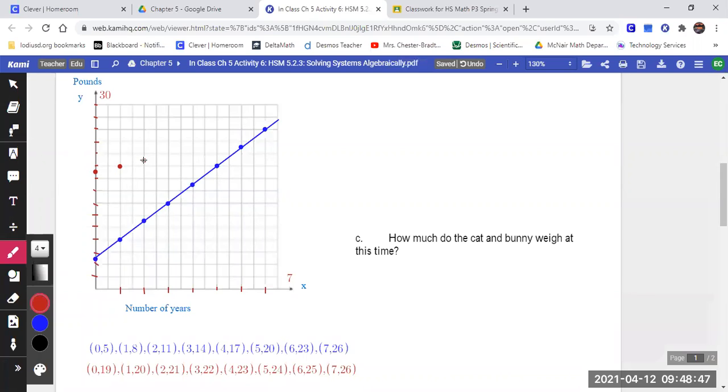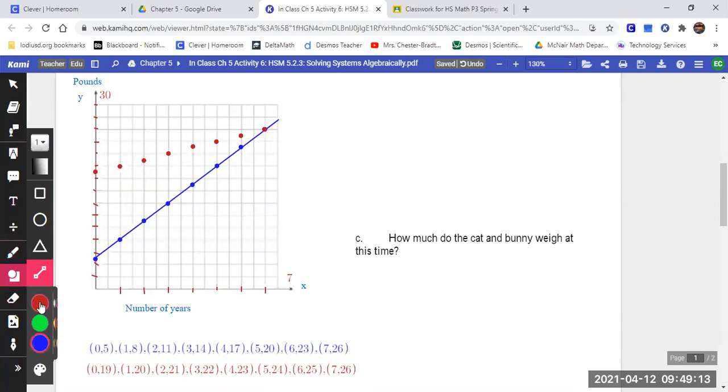Remember, up 1 is halfway in between, because we're going by 2s. And we land at the same spot, which we knew would happen because we already found on our table that they crossed at the 7th year and 26 pounds.